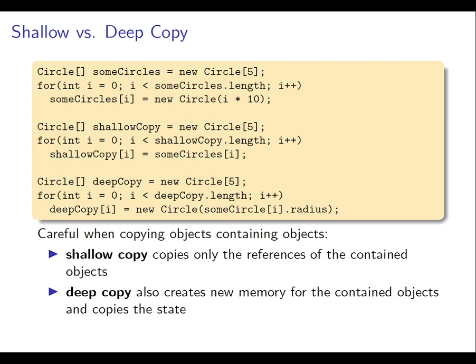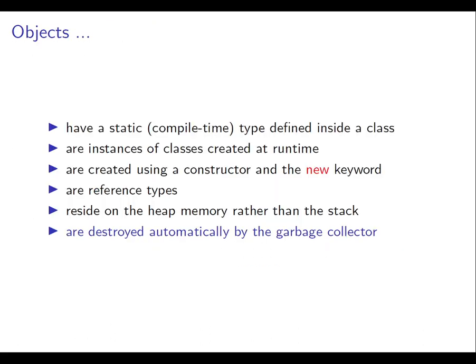You might need to pause this and have a think about it. But it's a question of whether what we have now is 2 arrays which both contain references to the same set of circle objects, or whether we have 2 arrays which contain references to 2 different sets of circle objects that simply correspond in pairs because each one has been created with the same radius as the corresponding one in the other set.